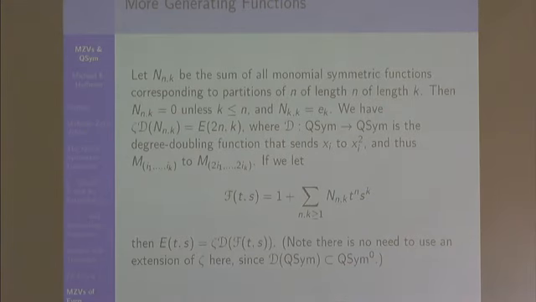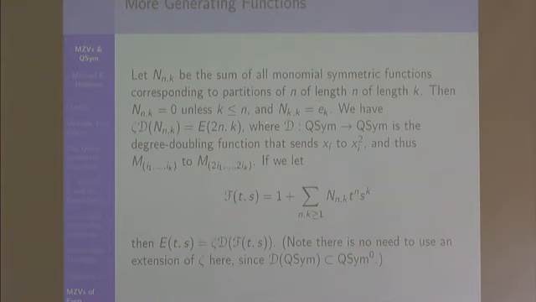So now I'm going to go back into the world of just symmetric functions. So capital N sub nk will be the sum of all monomial symmetric functions corresponding to partitions of n of length k. Okay, so just partitions of a given weight having a particular length, which you don't usually think about.